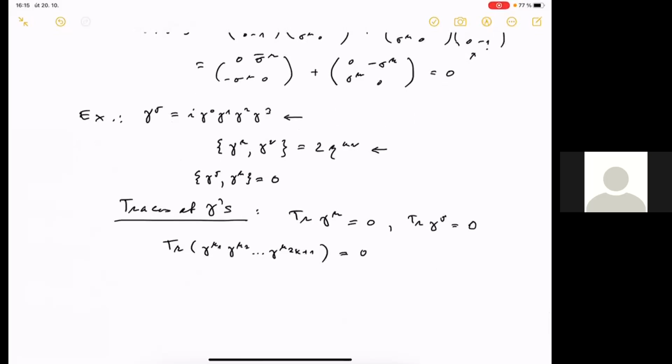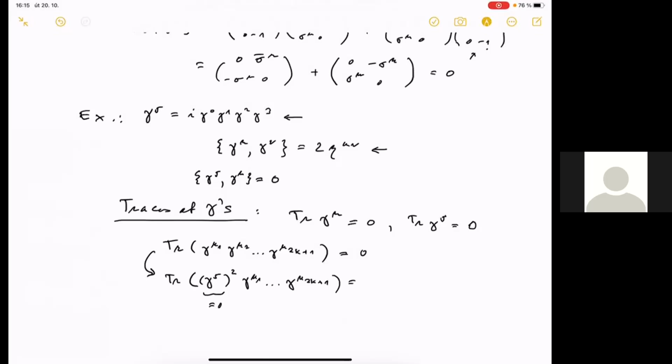The proof is simple. Let us rewrite this trace using a special form of 1 written as gamma 5 squared inserted in this trace. This is just 1, so this is this trace.